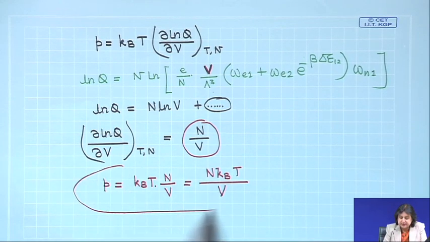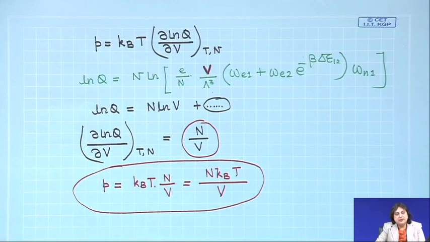Of course, this is nothing but the ideal gas equation. So, what we have achieved is actually pretty enormous. We have started with a microscopic model where I have capital N non-interacting indistinguishable atoms.